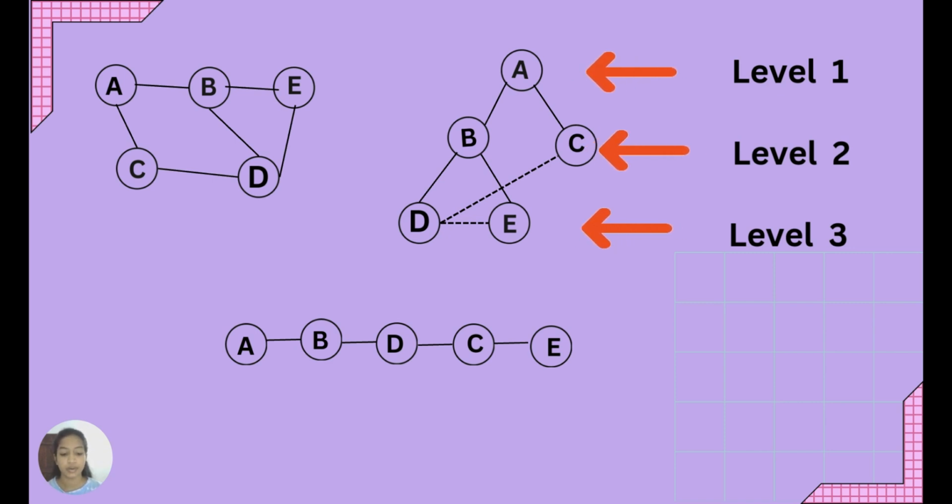We are moving on to level 3. Then go to D in level 3 and then go to E. This way we get one result from the first search. We can get several answers from this, but this is the one we got.